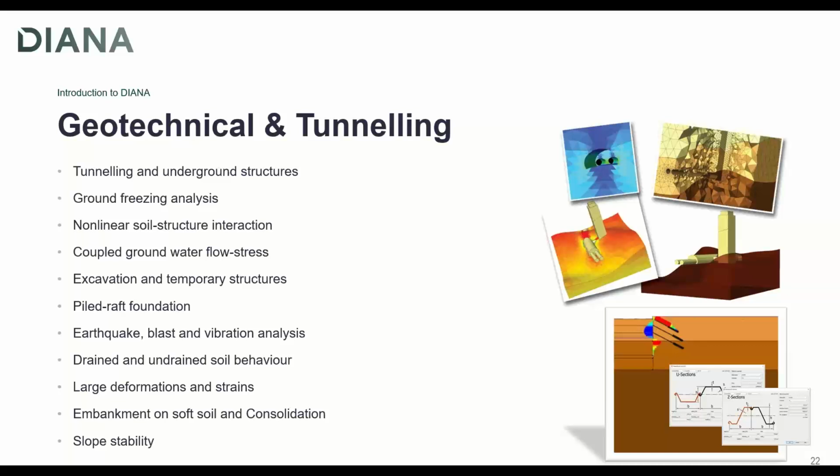For ground freezing, we have the so-called 3 phases analysis. For real soil structure interaction, basically if you have some sort of interaction between the underground structure and the surrounding soil or rock, you can model it with the concept of nonlinear interface behaviors. We have a solution for coupled groundwater flow stress analysis, and many more, such as embankment on soft soil and consolidation, or slope stability.